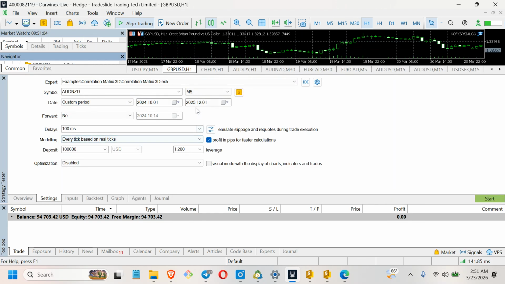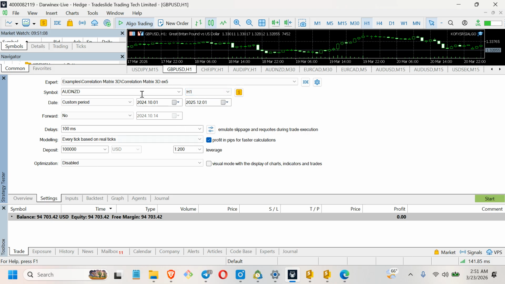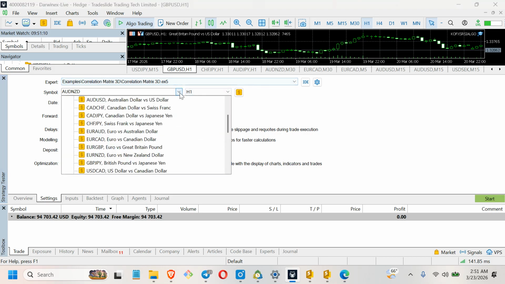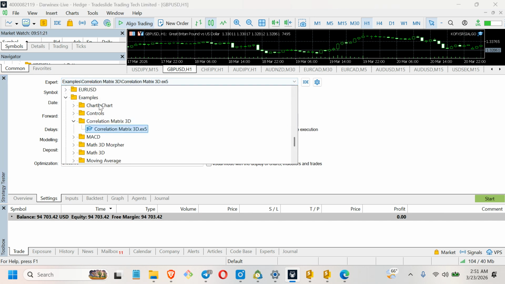Strategy tester. I don't know, what is on the H1, GBP USD on this one. Should be up here, right? There it is.